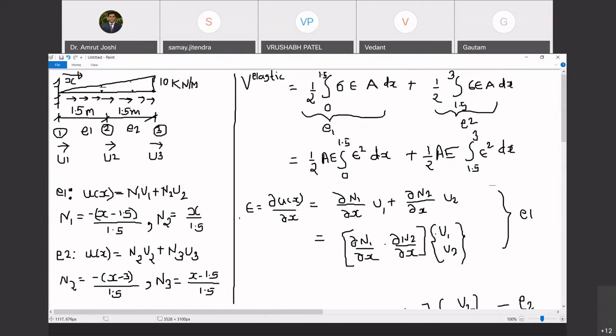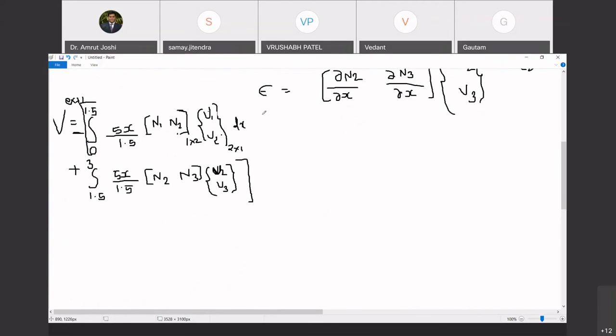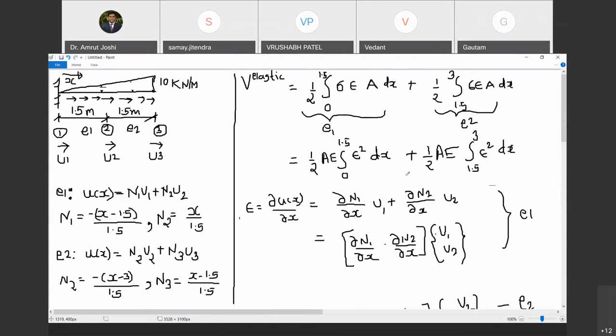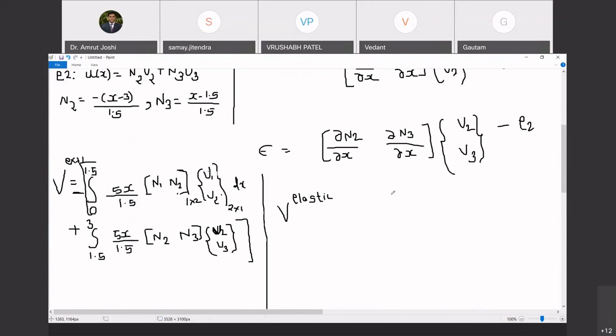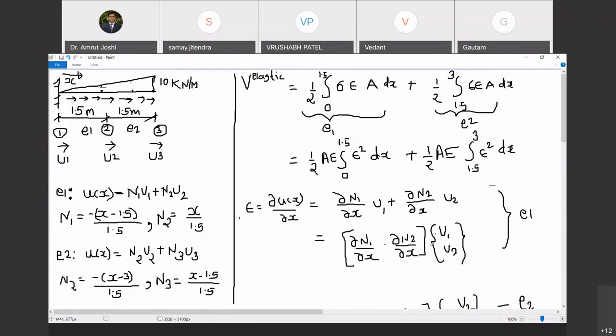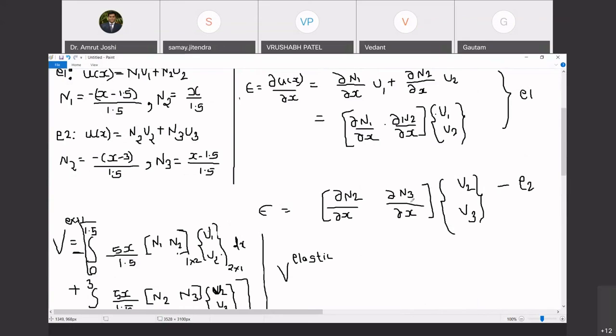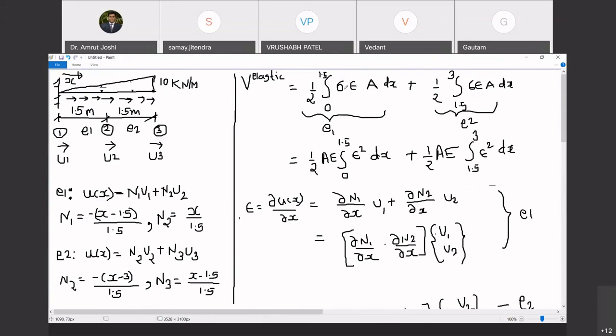Now let us substitute these values of strain here. So what is the elastic potential energy? I will have to substitute this value right here.